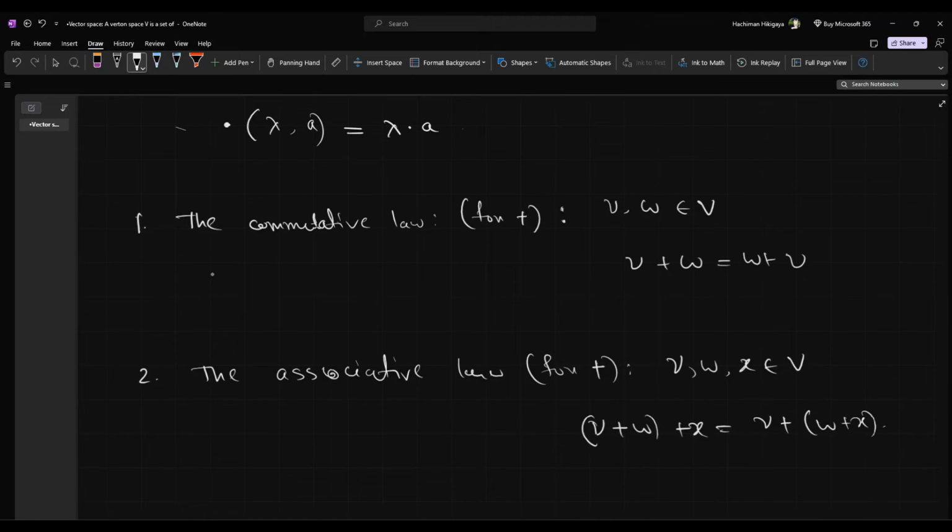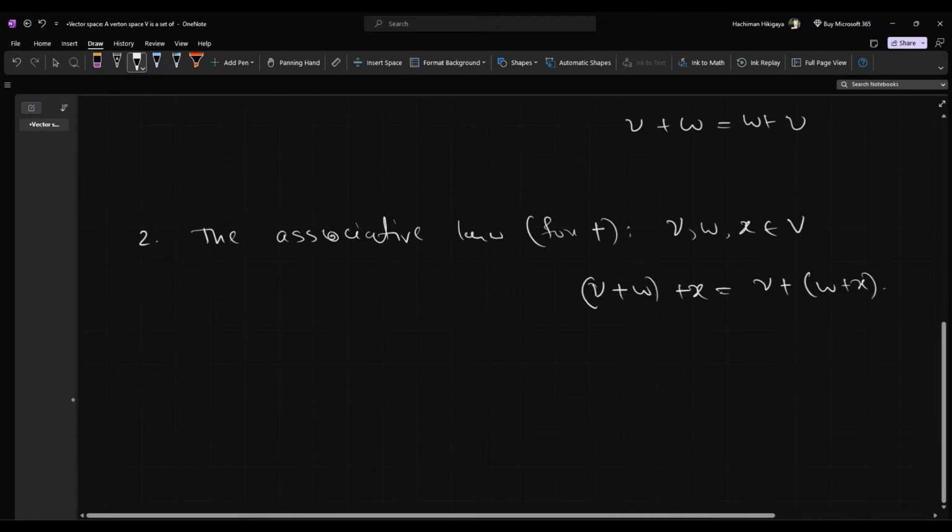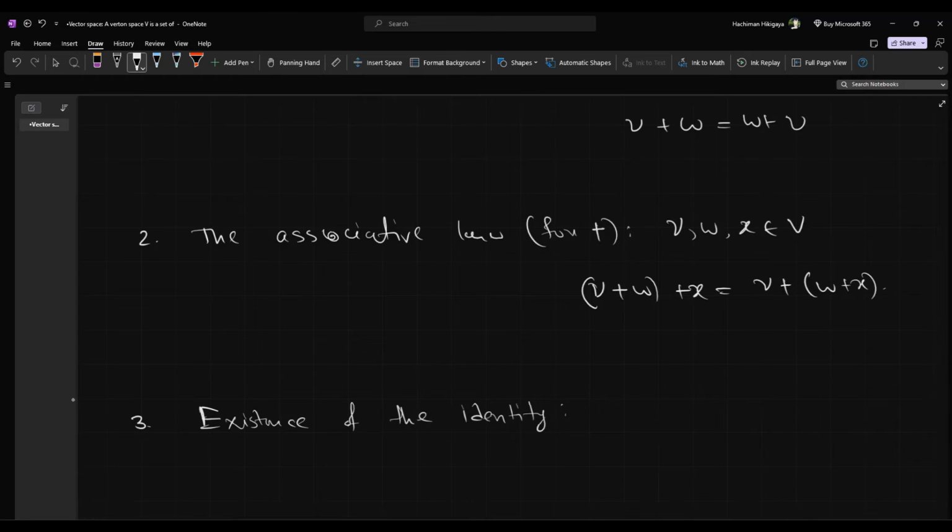Then we have the existence of identity. The identity is 0. Basically it's the additive identity, if I'm not wrong.